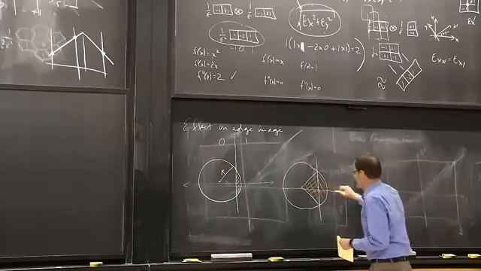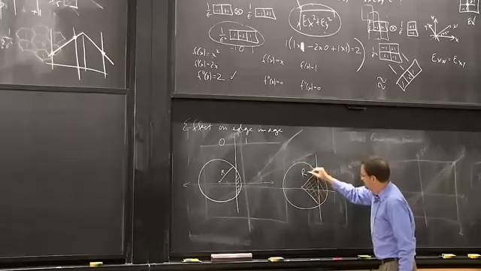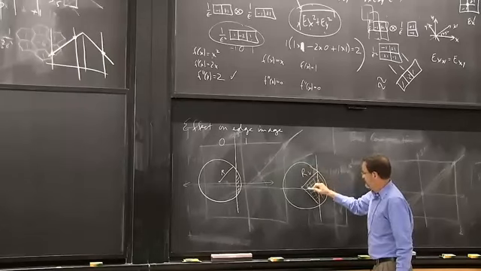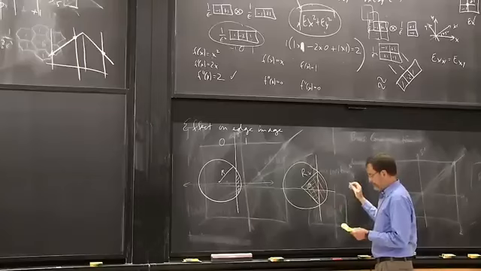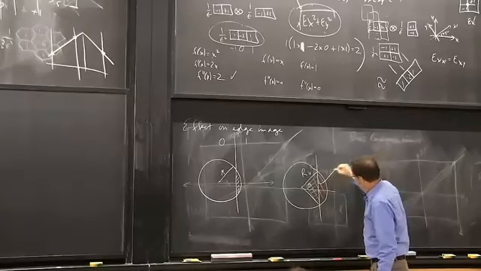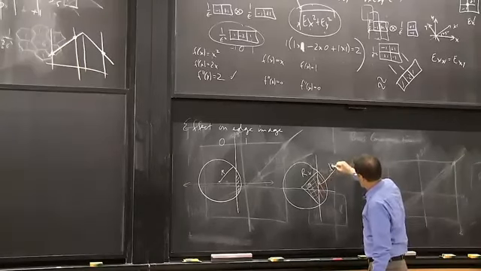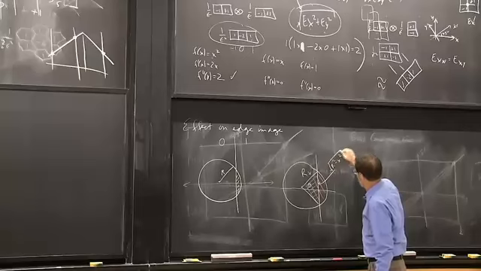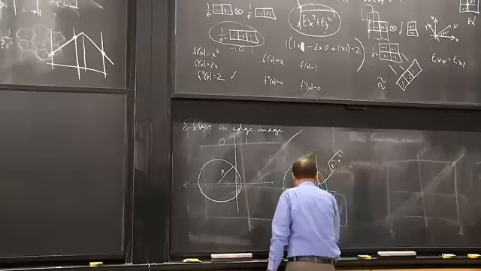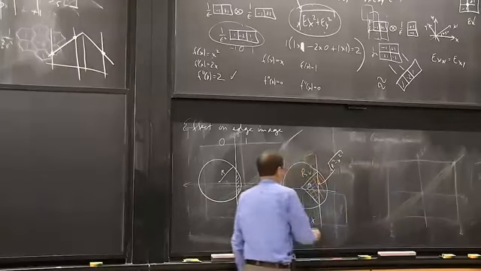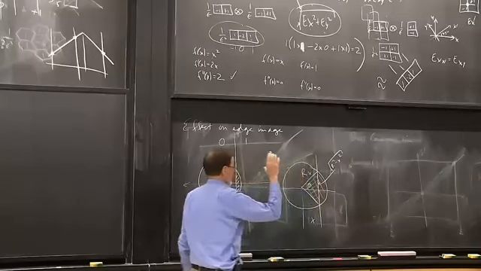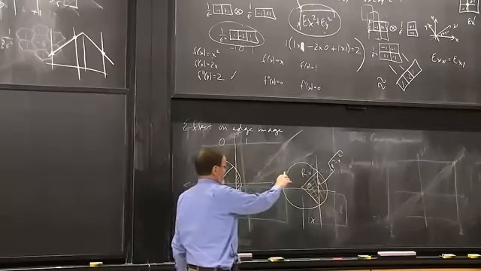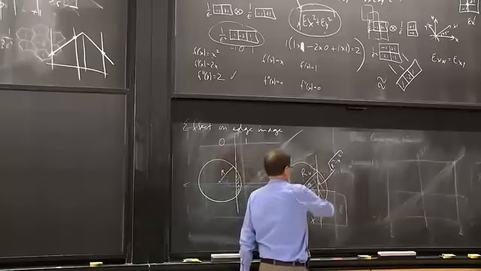So this is R, and I'm going to call this angle theta. And this thing here is obviously the square root of r squared minus x squared. So x is the position. x equals 0 means that you're right on top of the edge, that the circle is bisected by the edge.